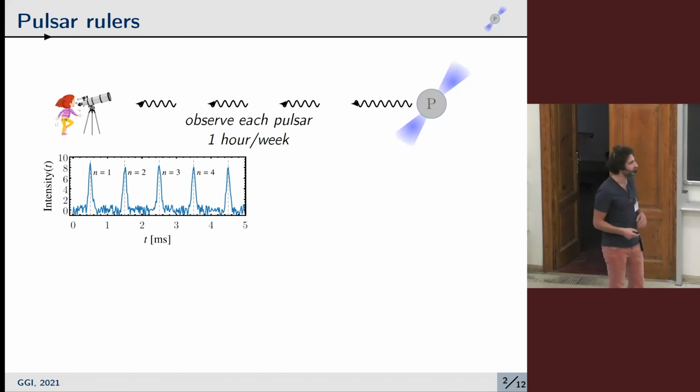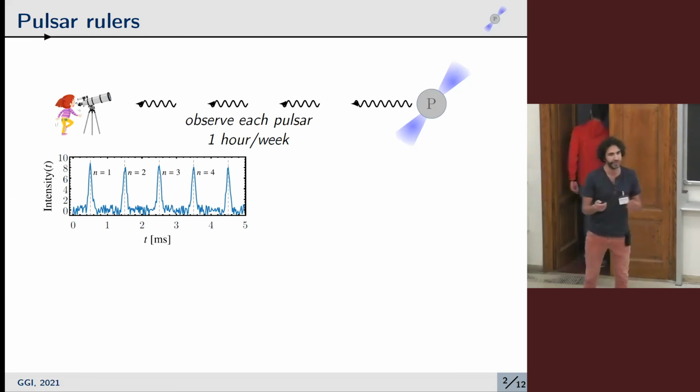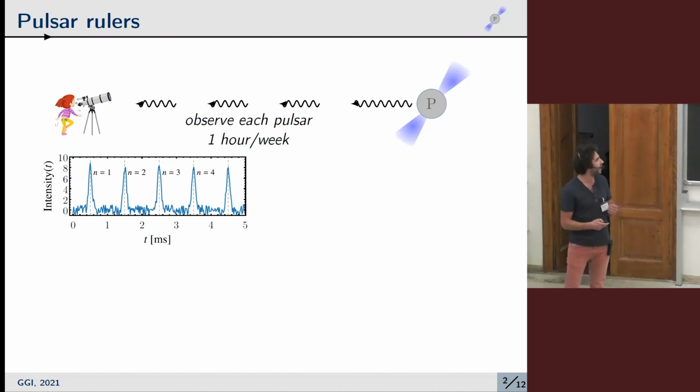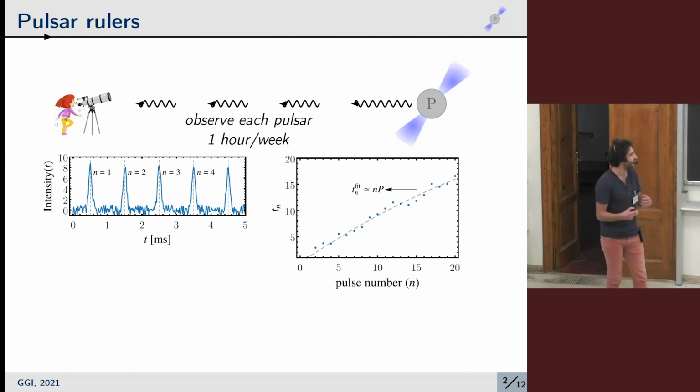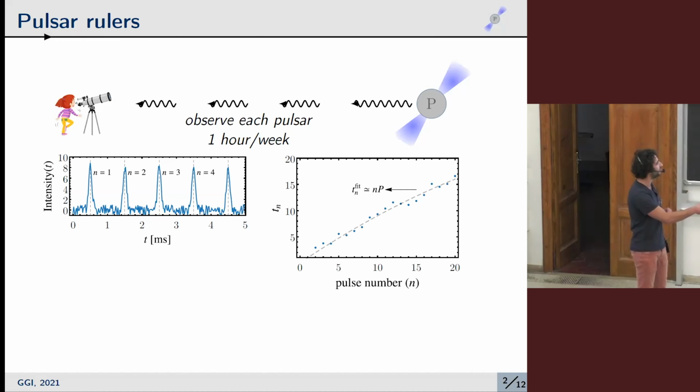And you can label these pulses n equals 1, n equals 2, n equals 3, and then label the time of arrival of each of these pulses arriving at your telescope. So you make plots as shown here. If you had a perfectly oscillating spinning top of this pulsar, you would have just a straight line here, corresponding to the time of arrival of the nth pulse going as the number of pulses times the period.